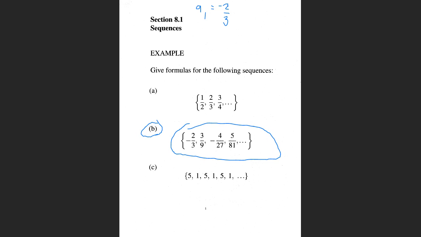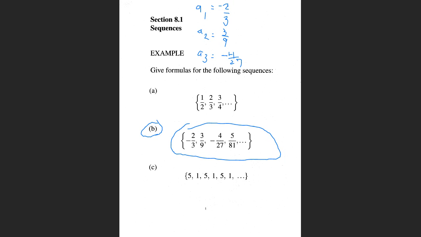Yes, Samuel? Negative n over 3. Let's see here. Hold that thought. Well, are all the terms negative, though? No, wait, are we adding or are we multiplying?